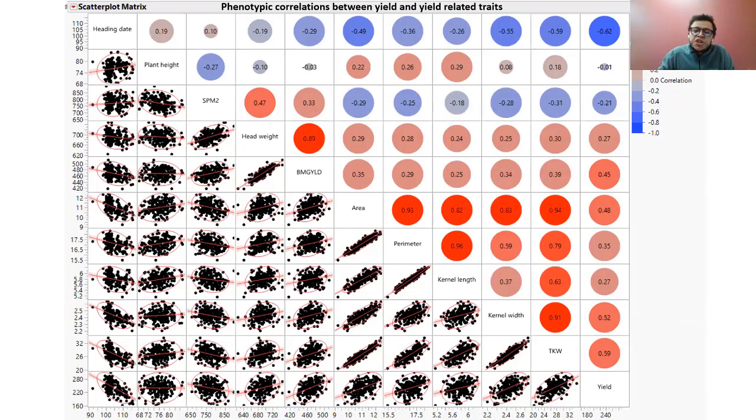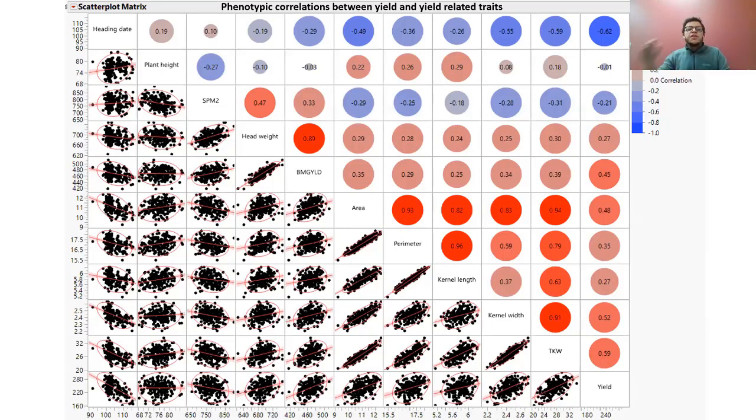If you look, yield also has a significant positive correlation with most traits except heading date, plant height, and spike per square meter. The correlation between heading date and yield is negative significant. The R square is 62%.